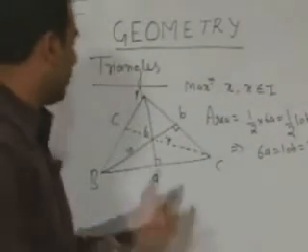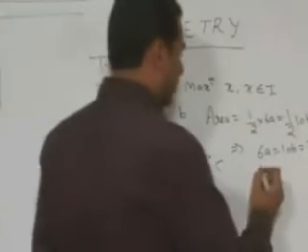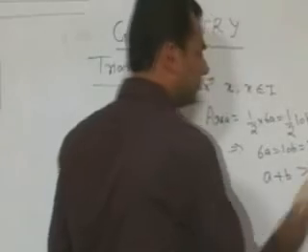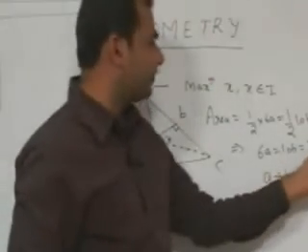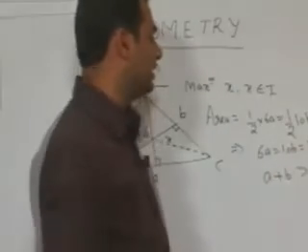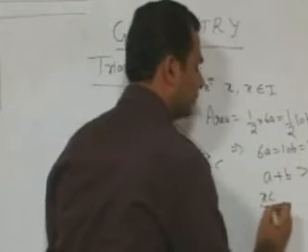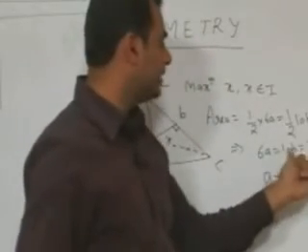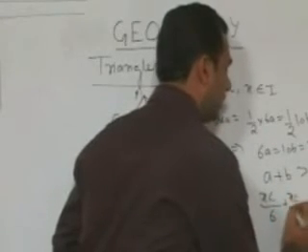Now we know that the sum of two sides is always greater than the third side, so A plus B is greater than C. Write A in terms of C. Since 6A is equal to XC, A is XC by 6. Similarly, write B in terms of C: since 10B equals XC, B is XC by 10.